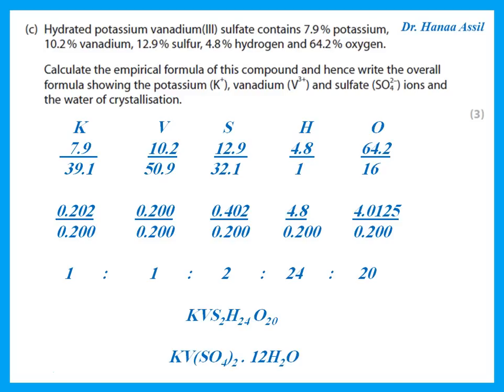So potassium vanadium sulfate, that means vanadium is 3+, potassium is 1+, and that means I have a total of +4. That means I need 2 sulfates to have -4. And that means the rest of the hydrogen and the oxygen are the water of crystallization. So that means I have 12 water of crystallization. So that would be the formula of the hydrated salt.